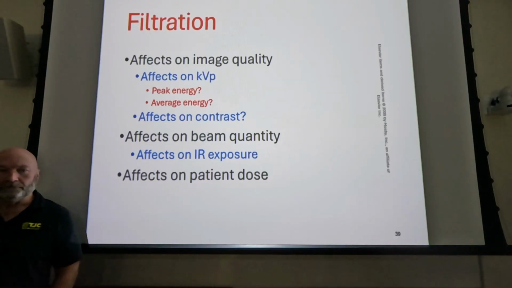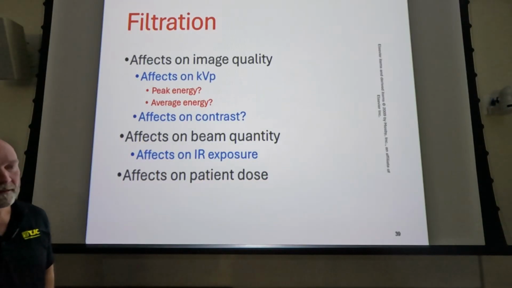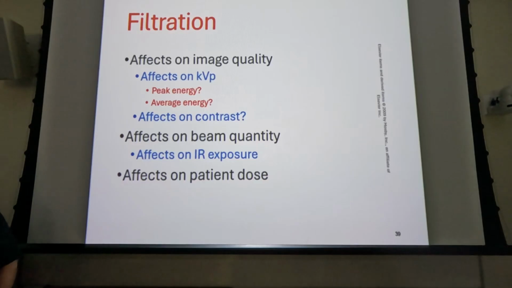So let's say we make one exposure, and, why we would do this, I don't have an analogy for this, but you need to repeat your exposure and increase your filtration. Same patient, you add more filtration. What's going to happen to the exposure at the image receptor? It's going to decrease. So if you had the perfect exposure on the first exposure, what are you going to need to do for the second one?